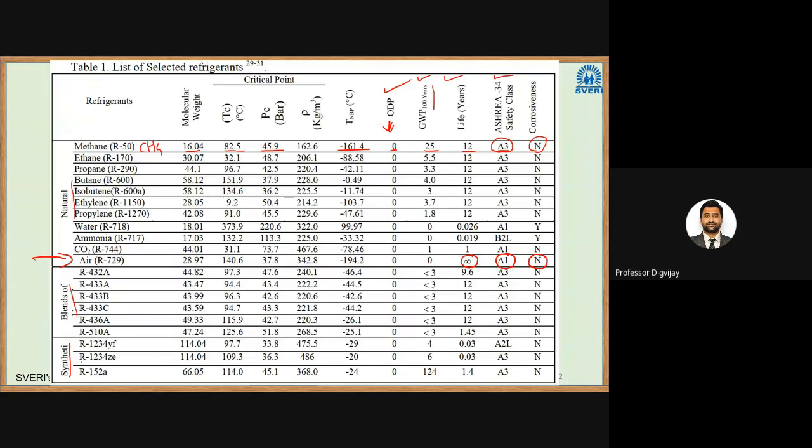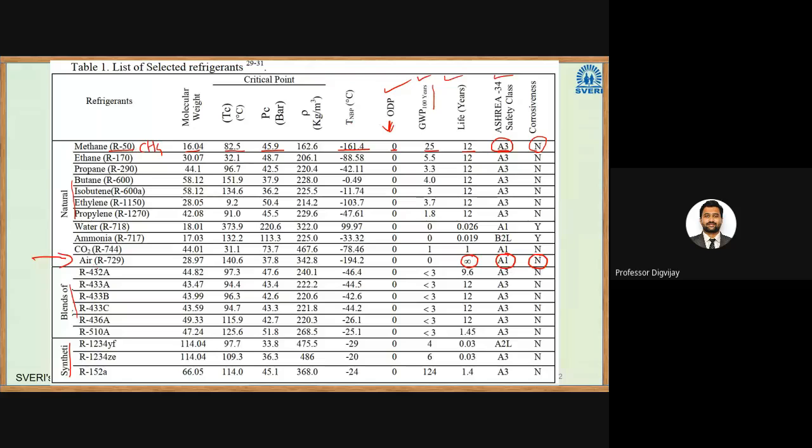So any doubt up to this, you can ask. One more thing here: methane, we know it is CH4, but it is labeled as R50.